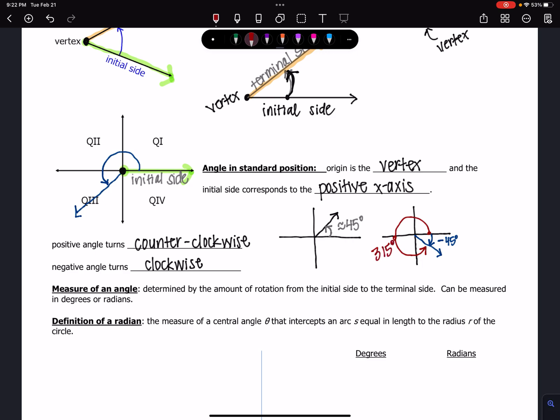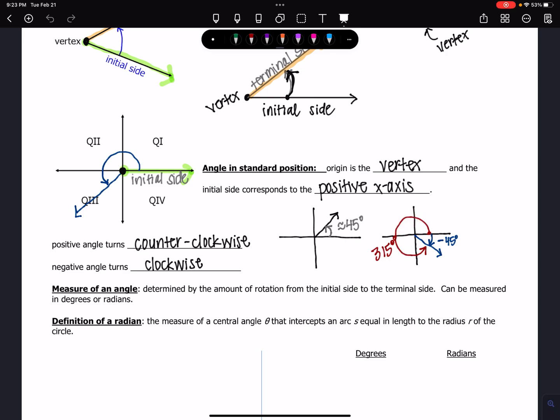315 degrees, because we've got 90 plus 90 plus 90, that's 270, and another 45 would be 315. So this location right here, this terminal side, I can go a short route, which would be clockwise, and call that a negative 45-degree angle, or I can go the long way, which would be counterclockwise, resulting in a positive angle.